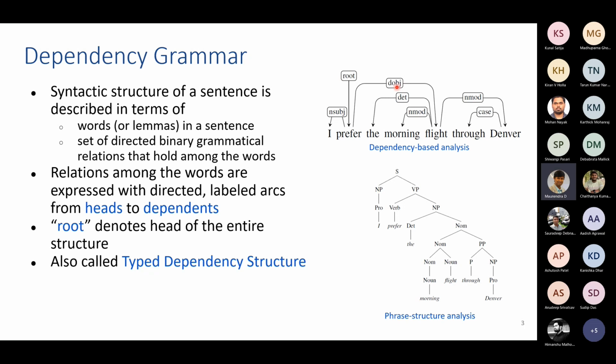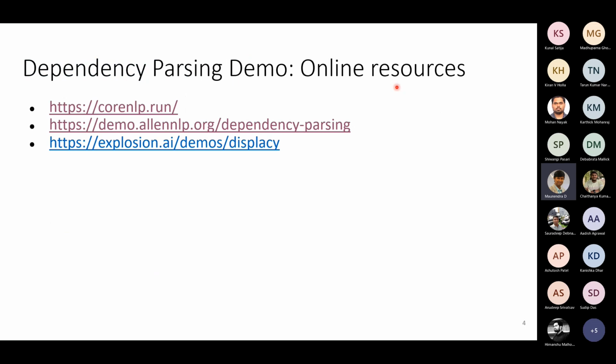I believe in this presentation I do not have the links or mentions of the datasets for this. When I upload the slides finally, I'll add those things as well. Okay, so fine. Let me also see if I can show you some examples of dependency grammar.